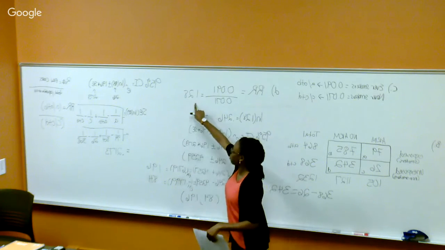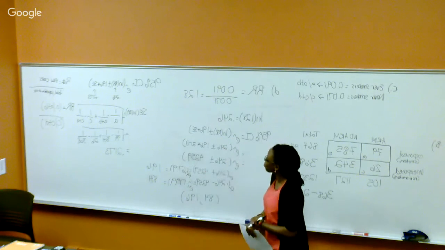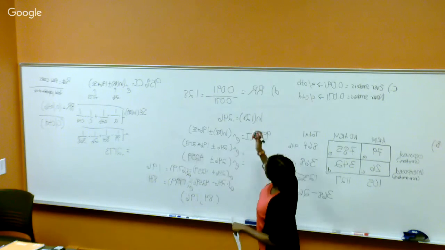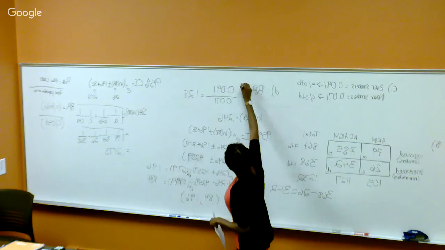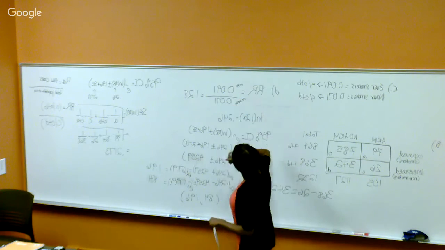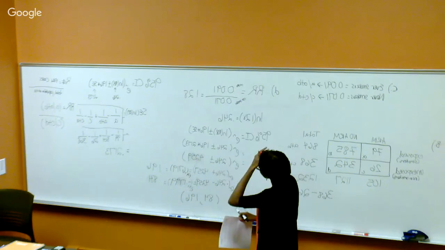So how would you interpret this 1.28? There's a 1.28 relative risk of people who smoke having ARM as opposed to people who don't.